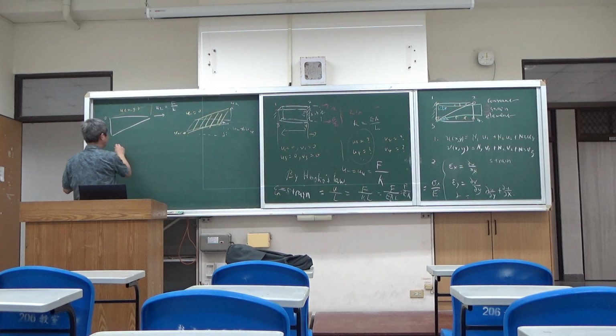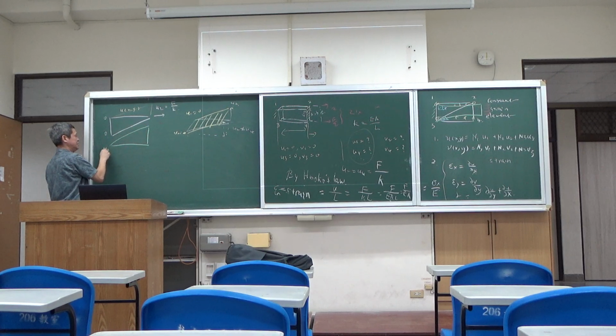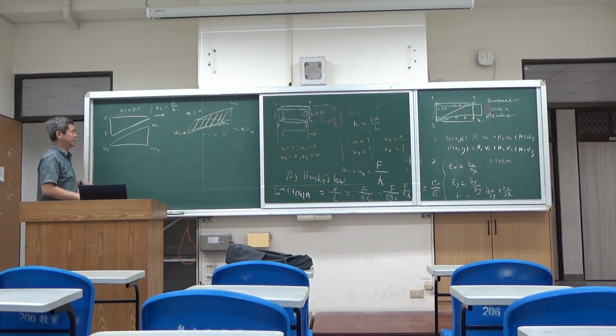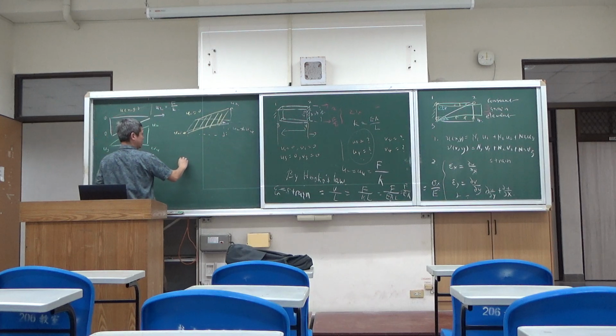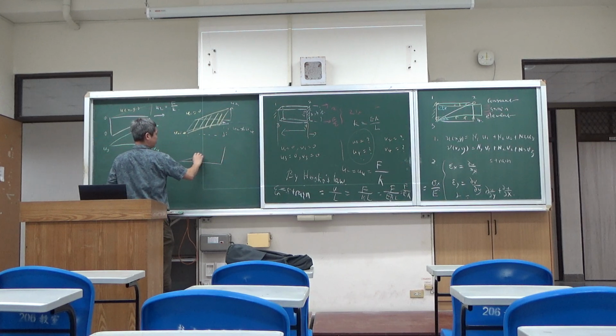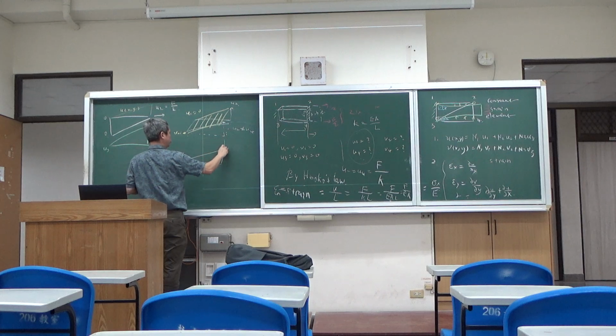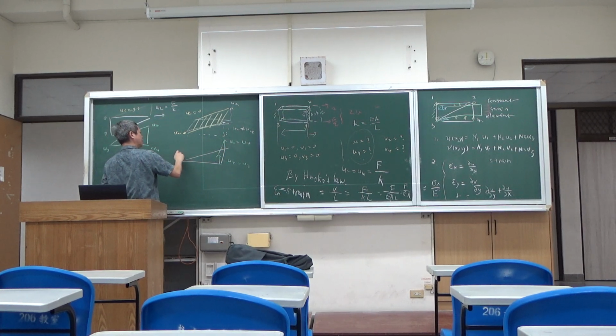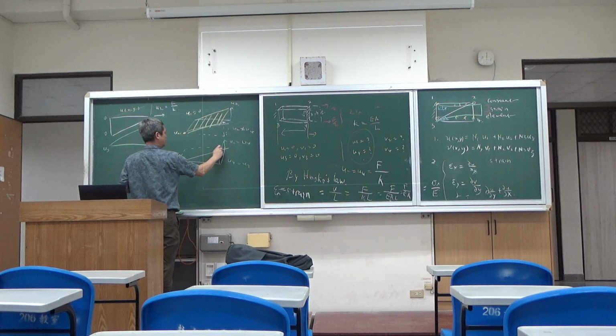So let's see another element. How about your element? Your element here is tricky. You have U3, U4, U2. If I draw it here, then the shape function will appear to be an equal slope.